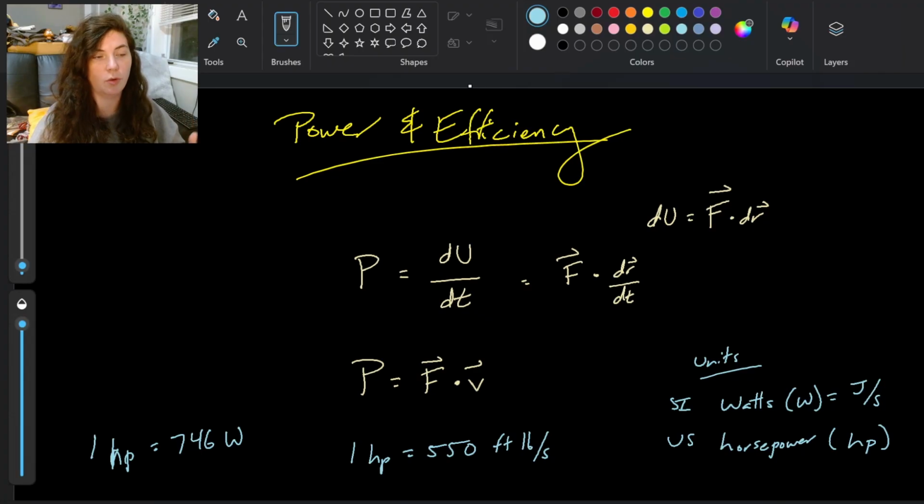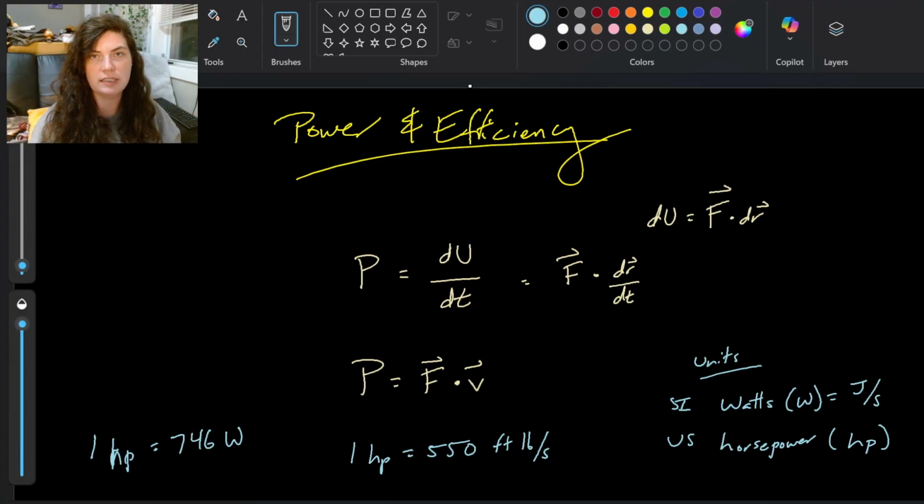Those are just some handy conversions that may come in helpful when we're working through these problems, now accounting for power. And along with power, something that we often talk about is efficiency. Because usually all of the work that you put into something, all of the power, all of the energy that you put into something, you're not always getting 100% out of it. Usually, some of the work will be lost to heat. Some of it may just be mechanical inefficiencies.